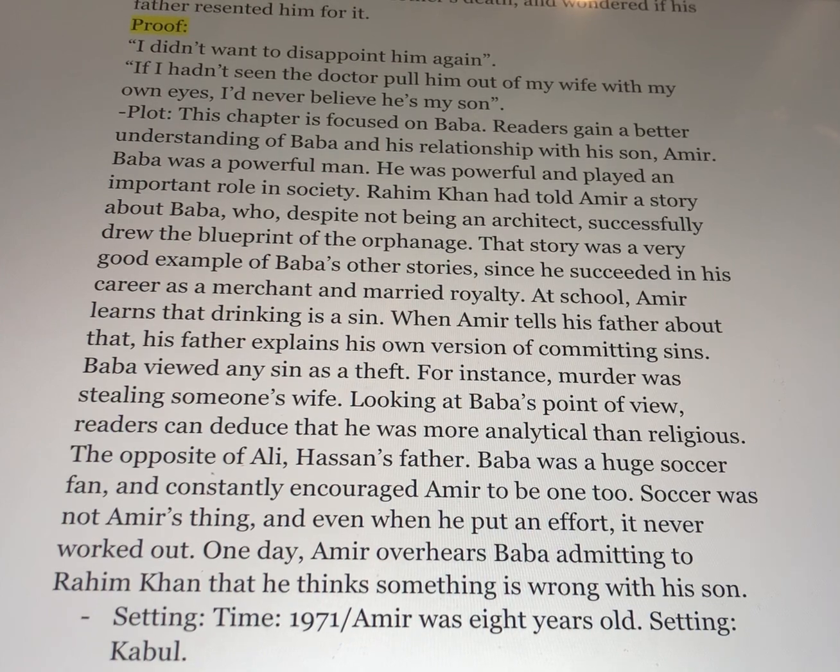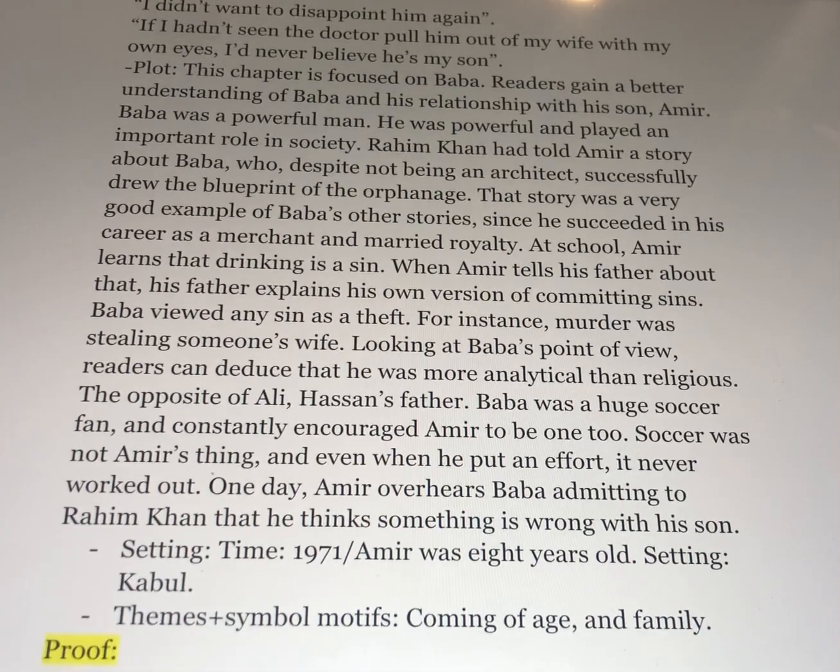Sorry guys, this is wrong. For instance, murder was stealing someone's life. Looking at Baba's point of view, readers can deduce that he was more analytical than religious, the opposite of Ali Hassan's father. So basically, from the beginning you can tell that Baba and Ali were foil characters.